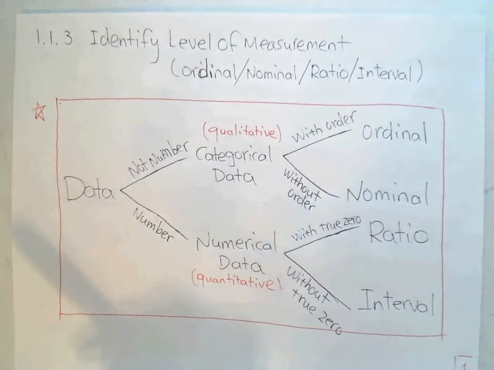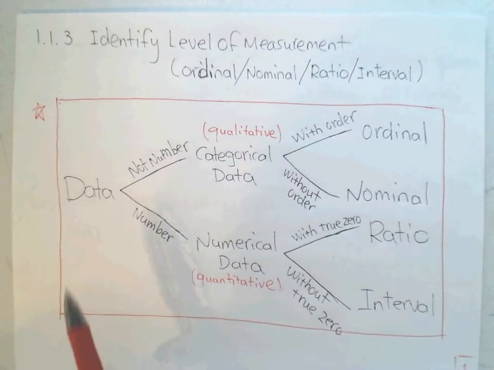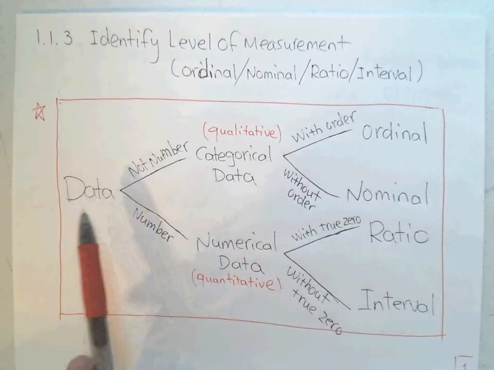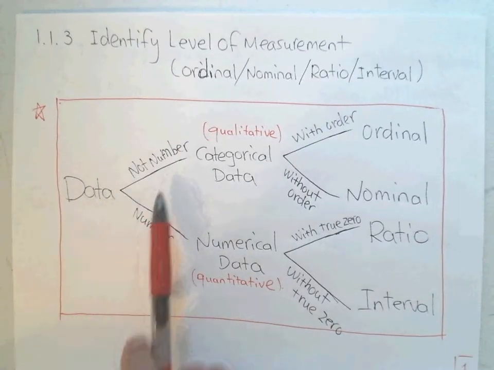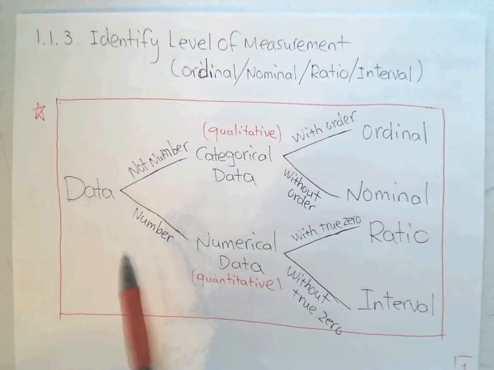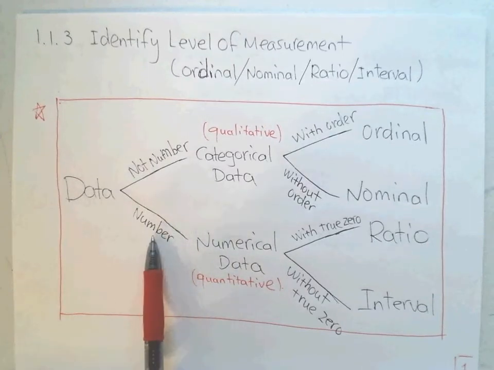Let us look at what the data looks like. This is the classification. Any data is either a number, like salary, or not a number.